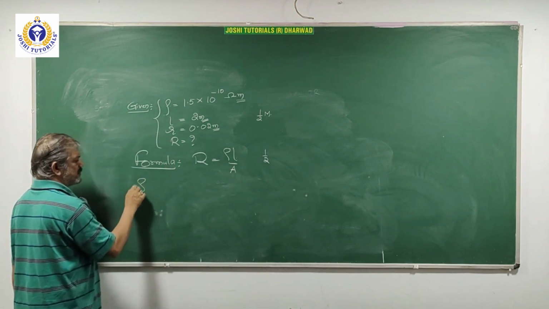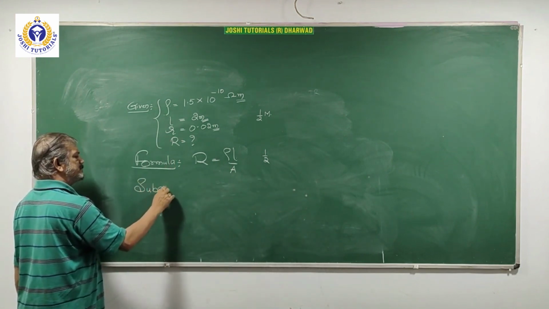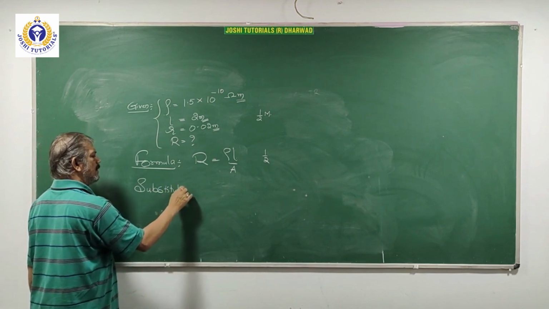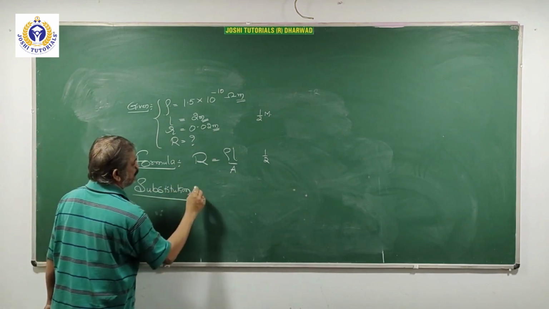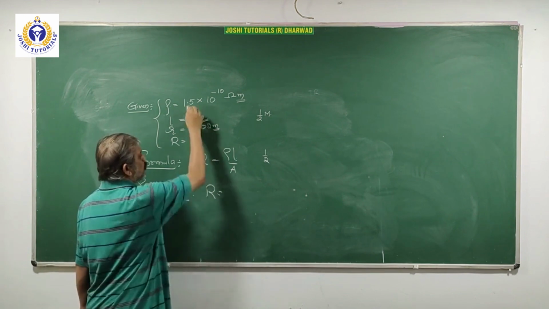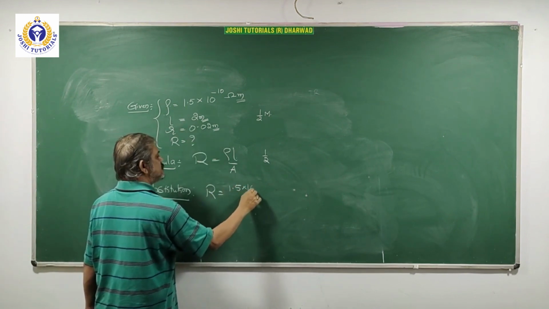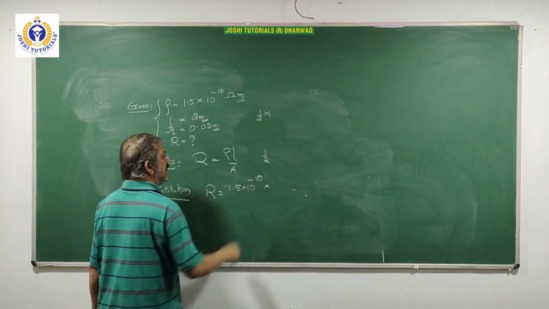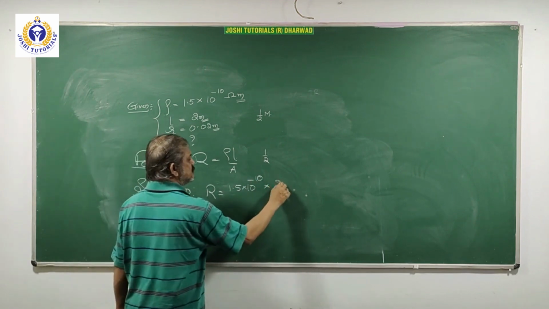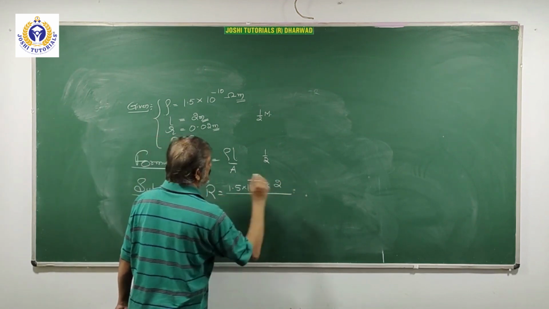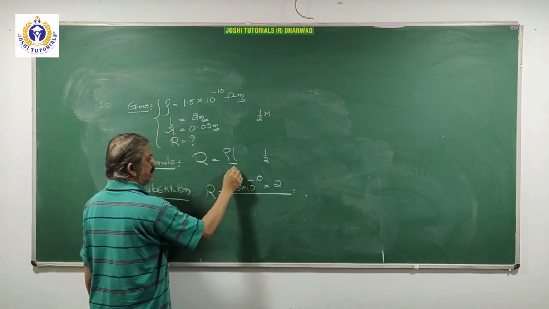Next, substitution. Systematic substitution, means we have to fill up. R equals rho, which is 1.5 into 10 raised to minus 10, into length, 2 meter, divided by area.